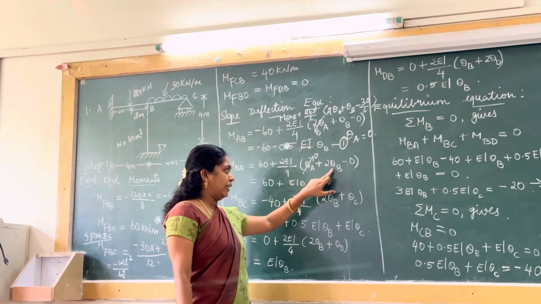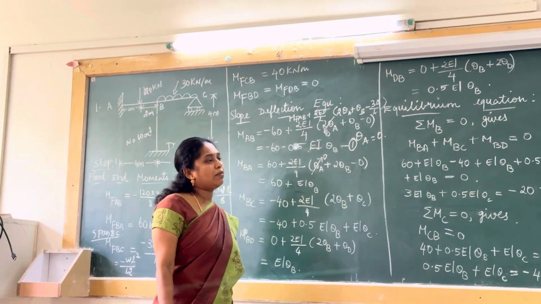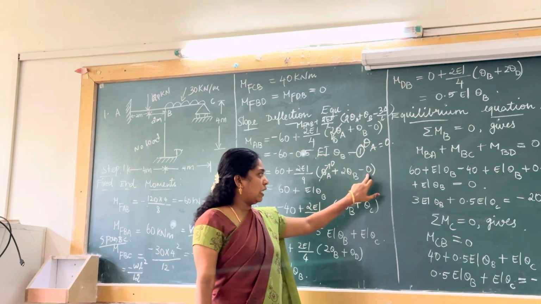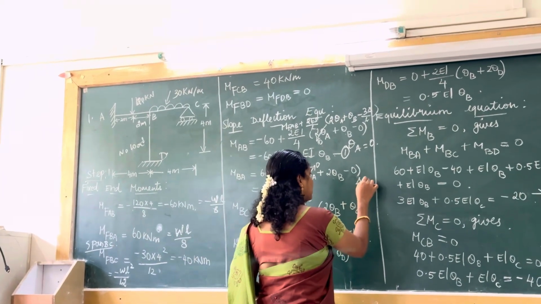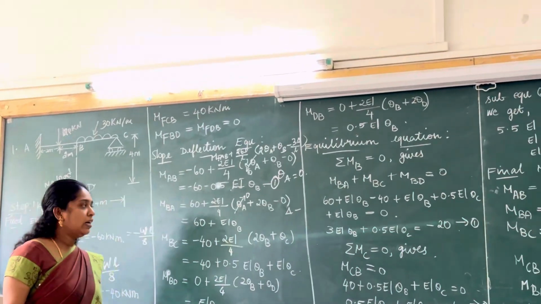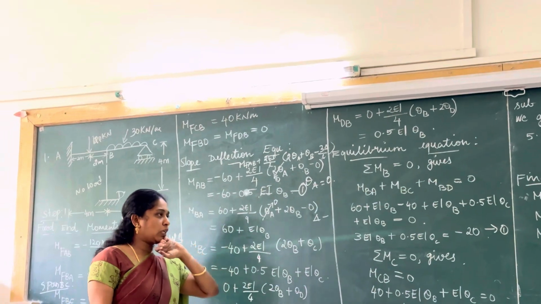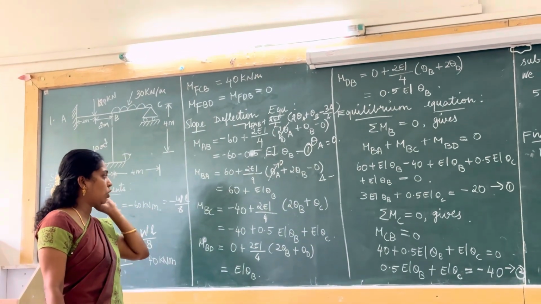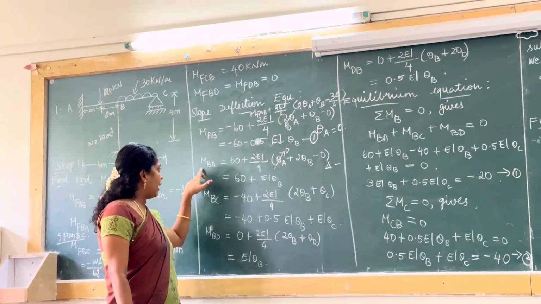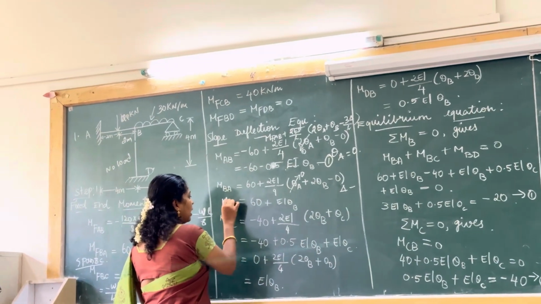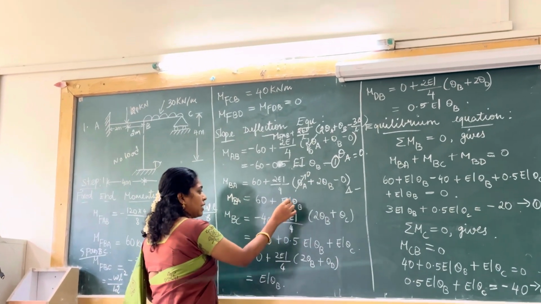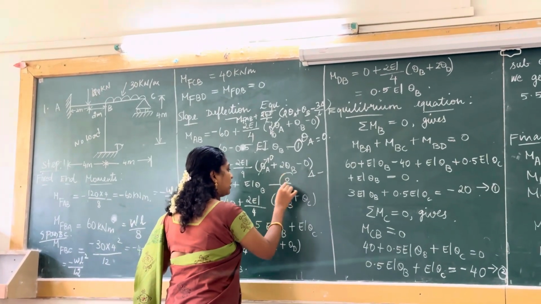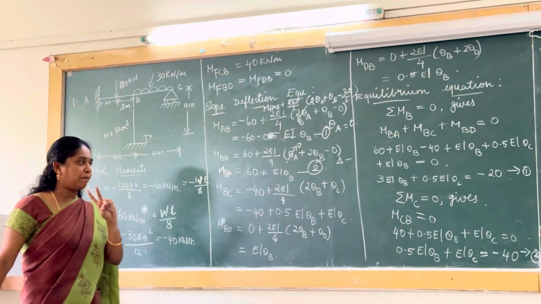We only have theta B, and also the del value is 0 because del is nothing but the sinking displacement. In this problem there is no sinking displacement, so del is 0. So we are getting MBA as 60 plus EI into theta B. We will consider this as equation number 2.